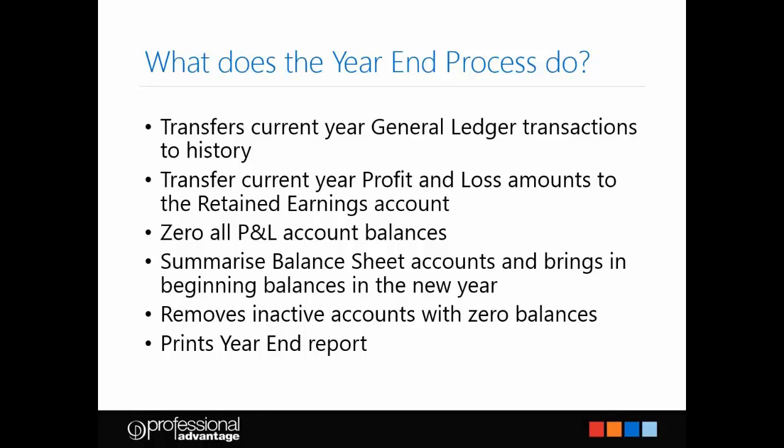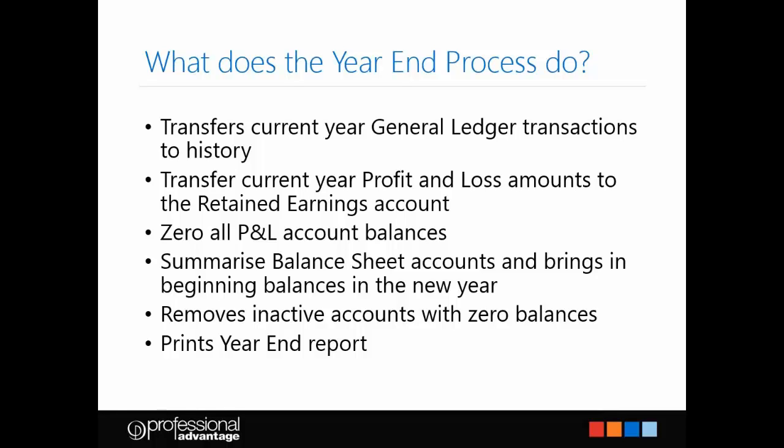So that's basically what it's doing with the balance sheet accounts. Also, the year-end can remove inactive accounts with zero balances if we choose to do so. There is an option when we run year-end to say, would you wish to remove inactive accounts with zero balances?